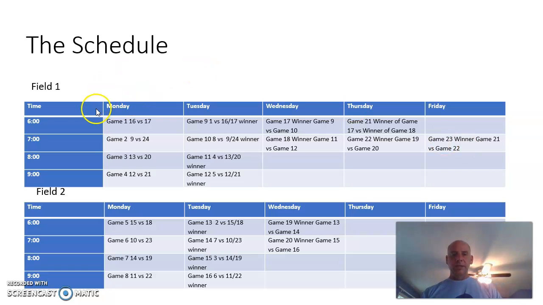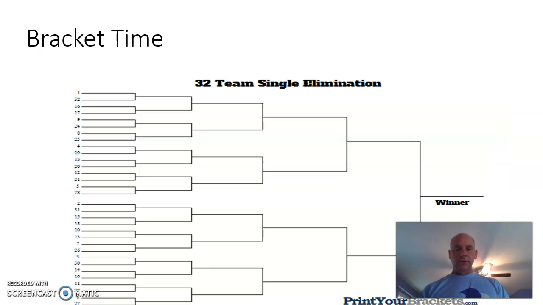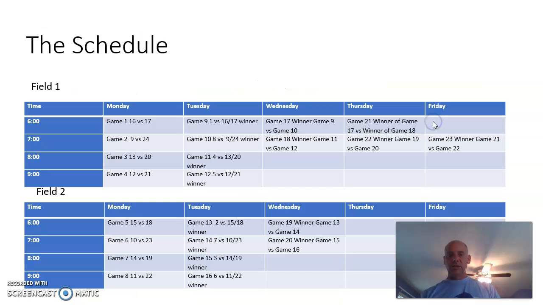You can say, all right, on Monday at 6 o'clock, game 1 is going to be team 16 versus team 17. Well, you go back here, remember, team 1 versus 32 is a bye, but then we have 16 versus 17, so that'll be our game 1. That'll be a Monday at 6 o'clock, and you can just work your way down through until you get all your teams covered.